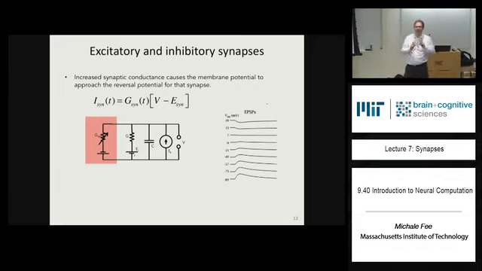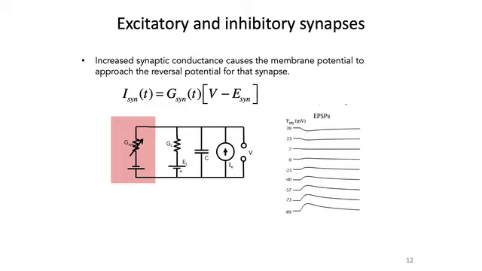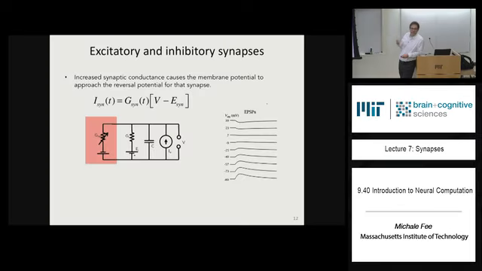Let me back up and explain one thing that maybe I didn't explain very well. In this experiment, we're injecting current through our current electrode to hold the cell at different voltages while we stimulate the synapse. Does that make sense?